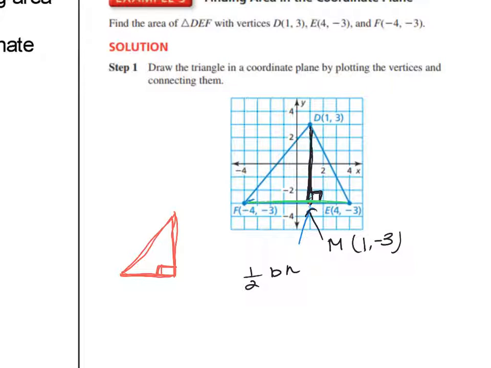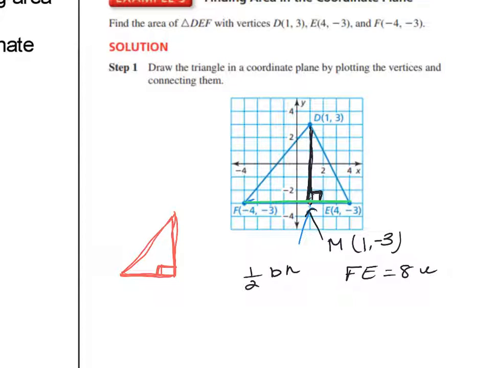Length of this base. 1, 2, 3, 4, 5, 6, 7, 8. Right? 8 units. So FE is 8 units.